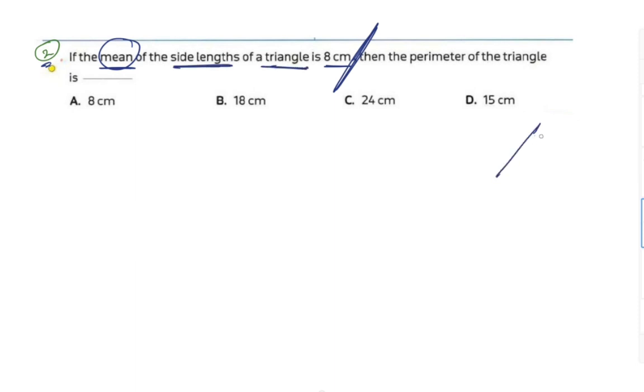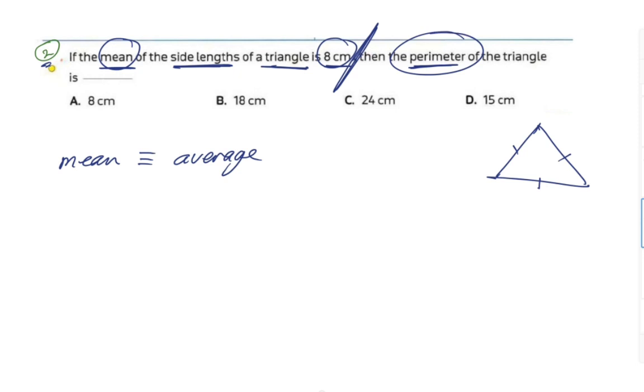Any triangle has 3 side lengths. Okay, but they're not equal to each other, right? But he said that he found us the mean. Here's the mean, I can call it the average. And he asked us for the perimeter of the triangle.